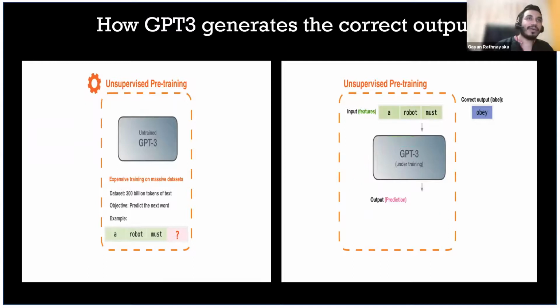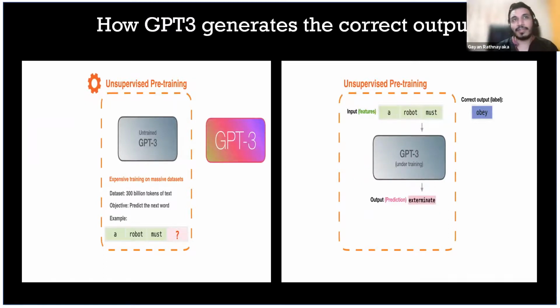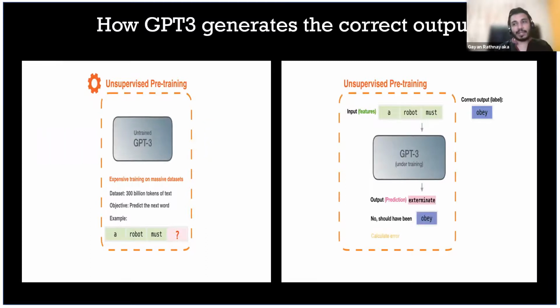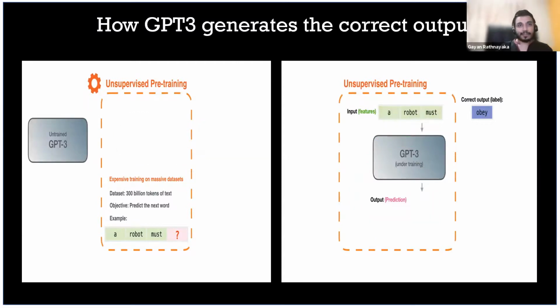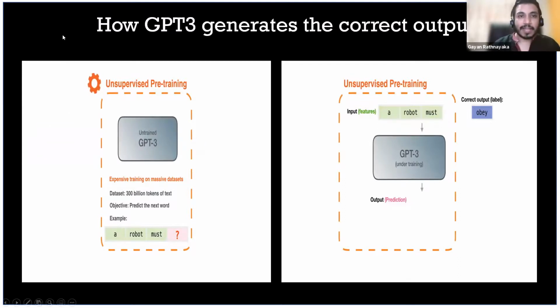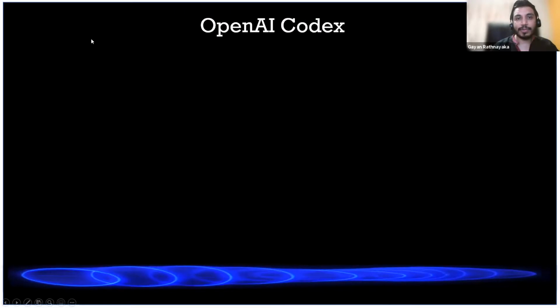And we have something called hyperparameters, but obviously, we have to update those by a human. They will not get calculated by themselves. The coefficient will not be calculated by itself. Okay, that's about how GPT-3 generates the correct output.